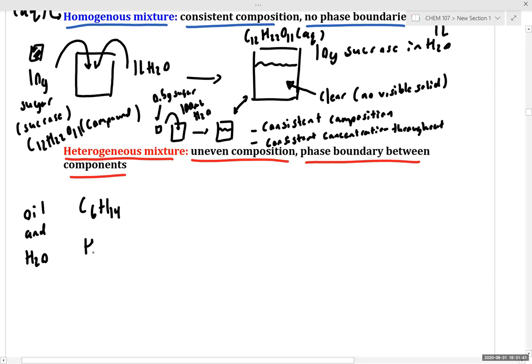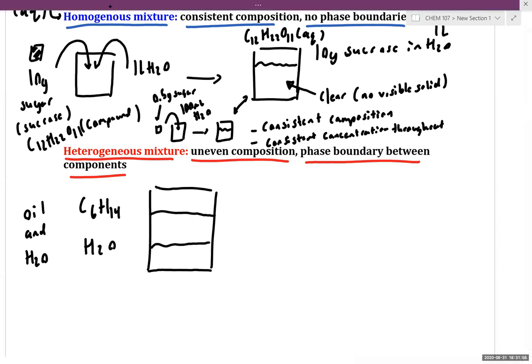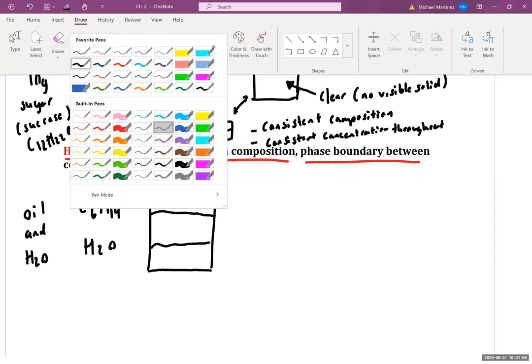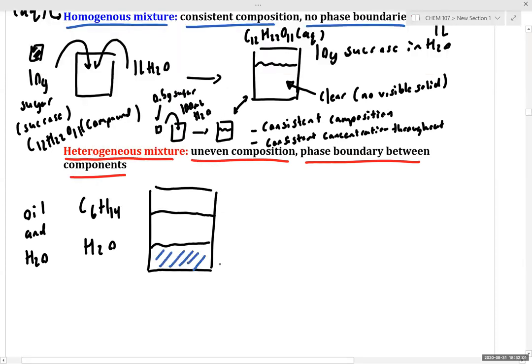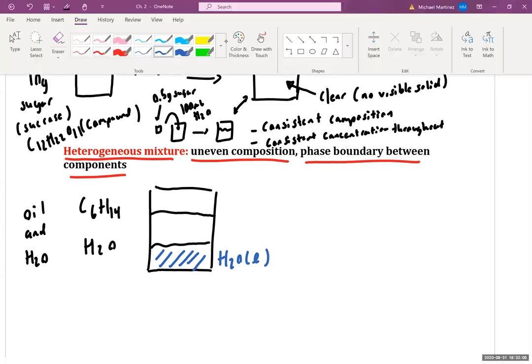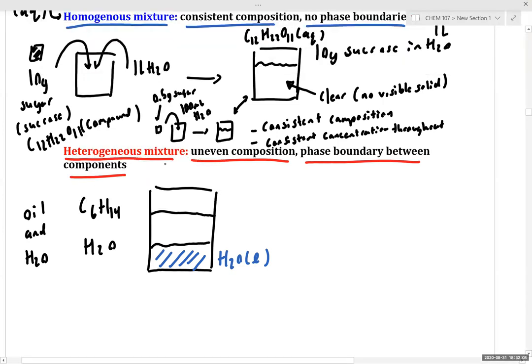Oil and water, as we know intuitively, do not mix. If we mix oil and water together, we will see two clear layers. On the bottom, we will have water, and on the top, we will have our oil, which we write as C6H14.